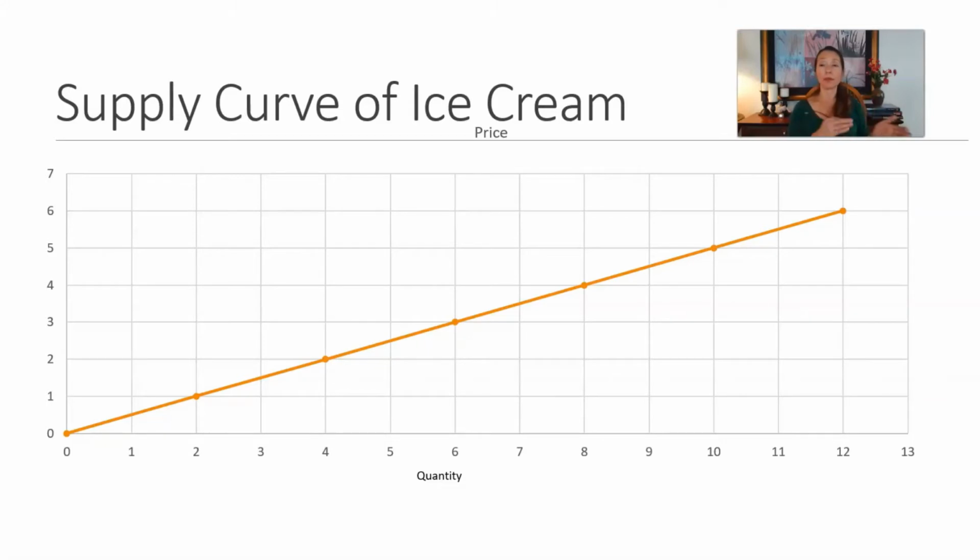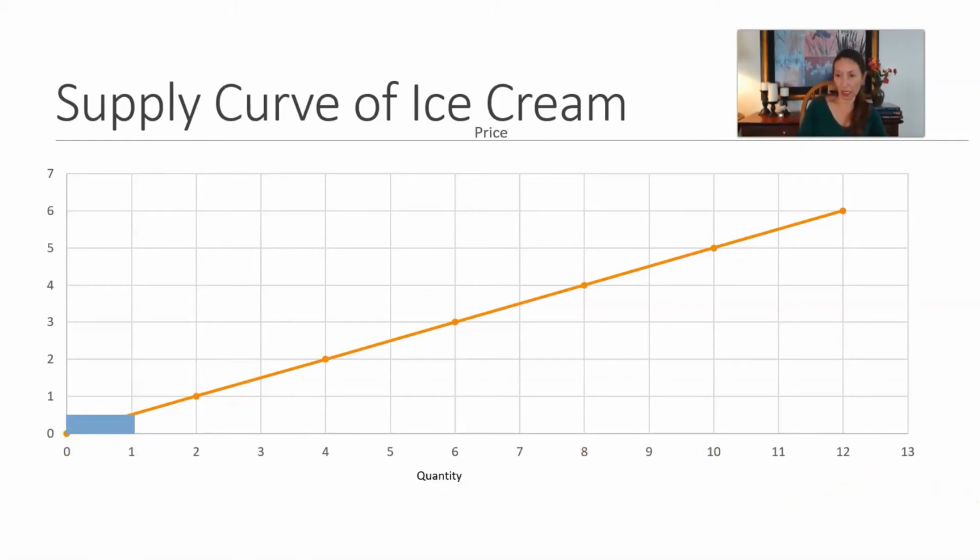Every time a company produces ice cream, they're not producing something else. So as a firm decides to produce more and more ice cream, their opportunity costs are going to increase. We can measure this by looking at the first ice cream cone. The opportunity cost is relatively low.